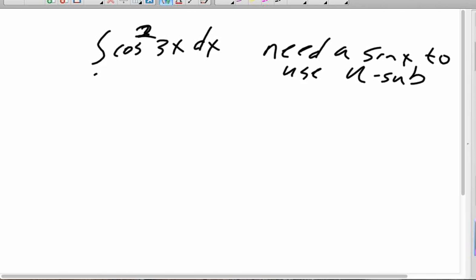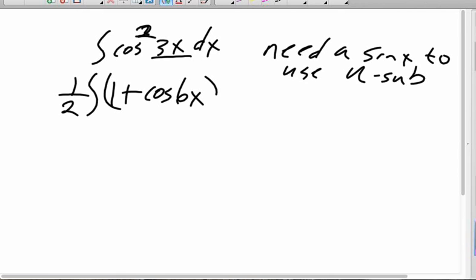So this now becomes the integral of, everything's over 2, I'm going to pull that out. So now this becomes 1 plus, and remember it's cosine of 2x, but I've got a 3 in there. So it's going to become the cosine of 2 times 3x, which is 6x dx. Okay. This is really easy.